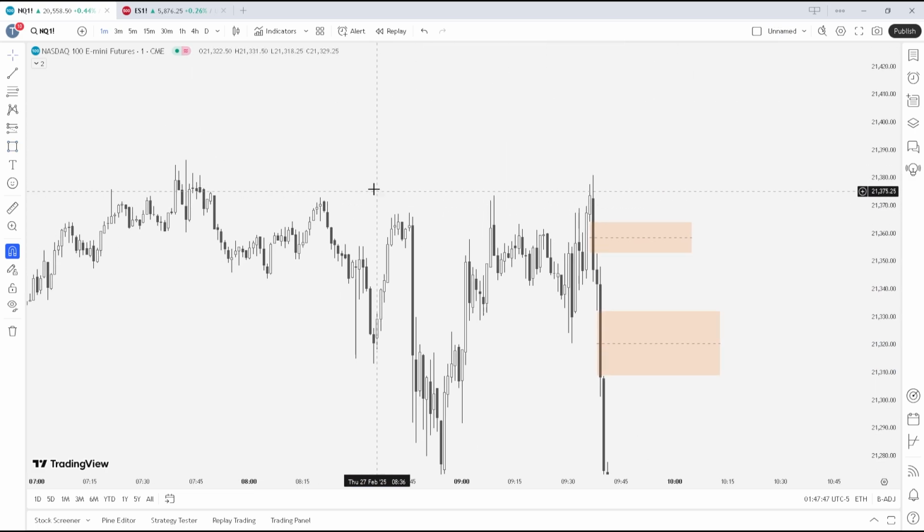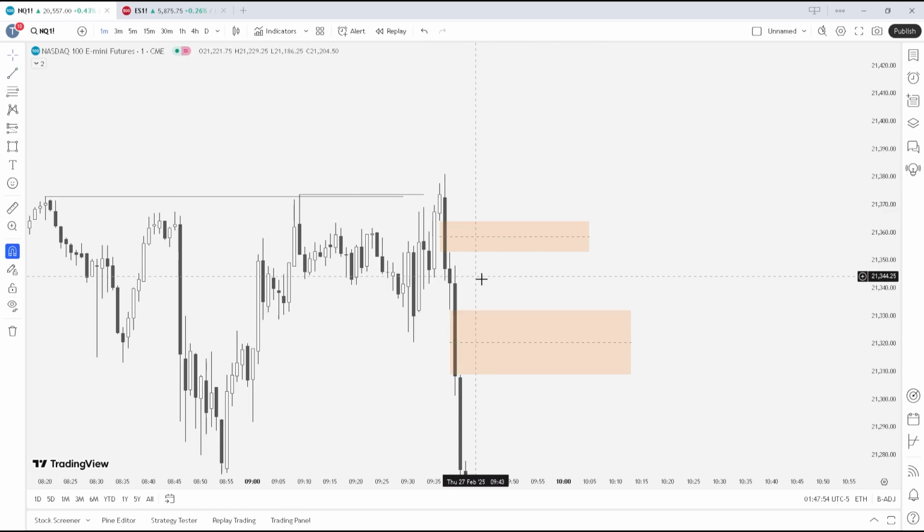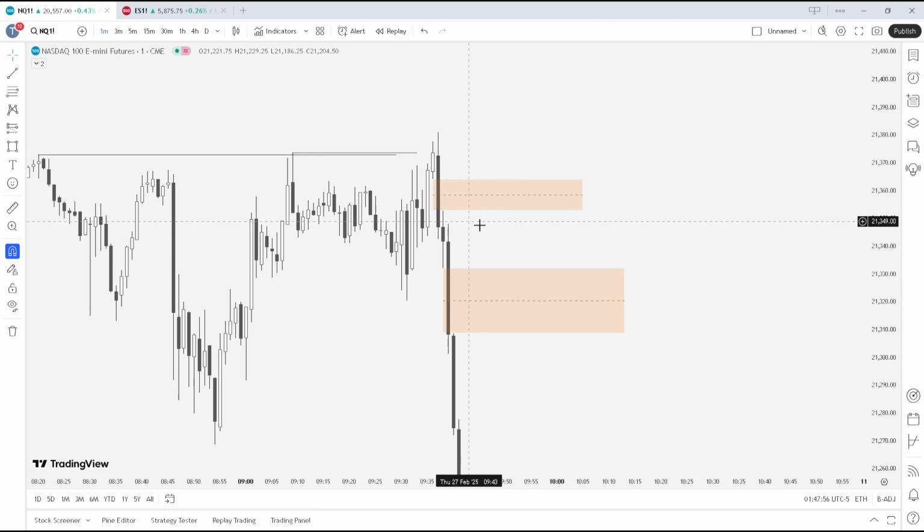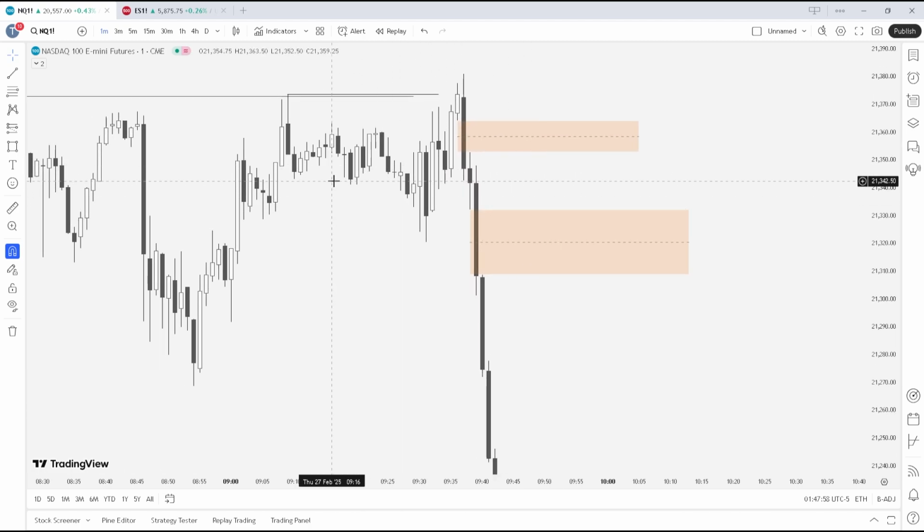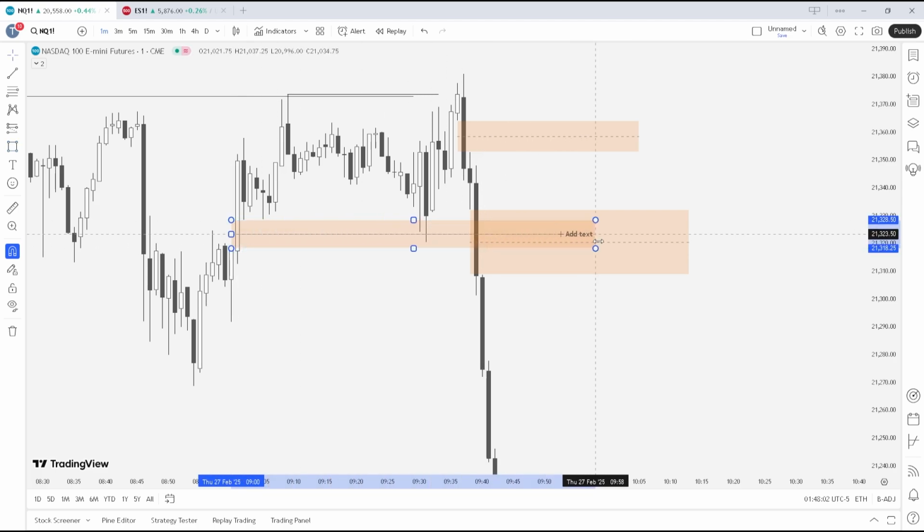What do we do? We come up, we sweep liquidity, right? We sweep this liquidity, then we get a bearish move lower with huge momentum, and there isn't really a good entry here.